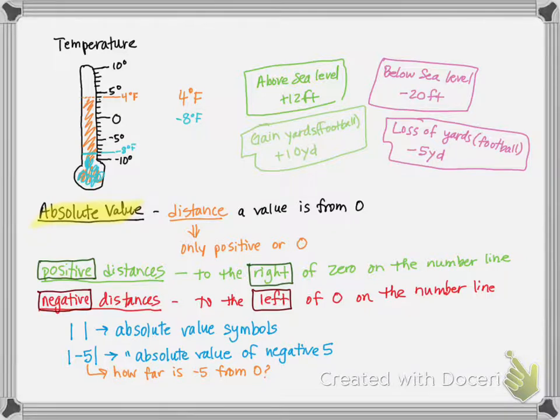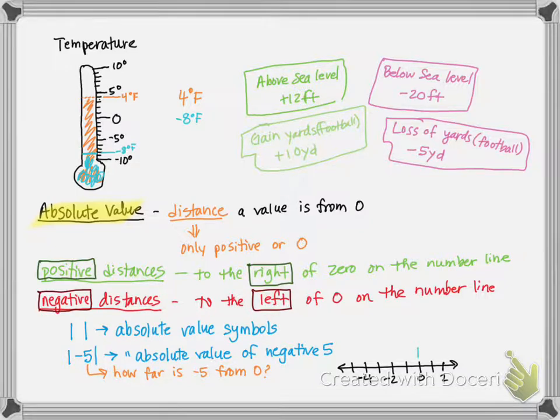So if I draw a number line, oh man, I'm going to do this differently. We're going to skip the numbers because I would have made a huge mess if I drew all of them. Okay, so the question is, how far is -5 from 0?